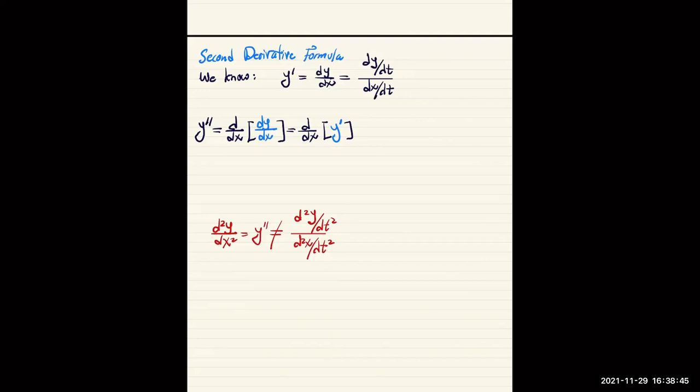Now, if you are finding dy prime, you could write that as dy prime over dx. That's what the second derivative is, dy prime over dx. If you want to find this, then all you have to do is take this formula and replace y with y prime.